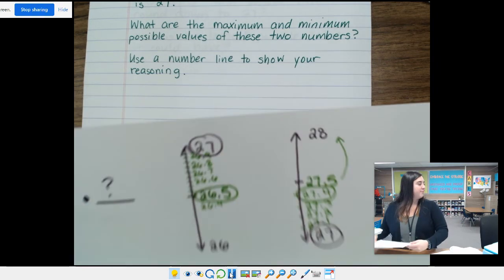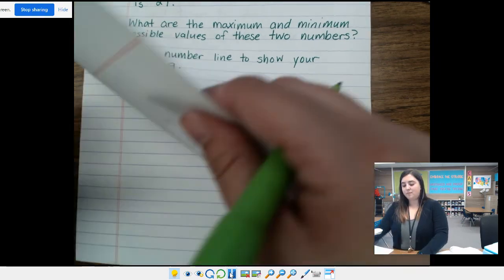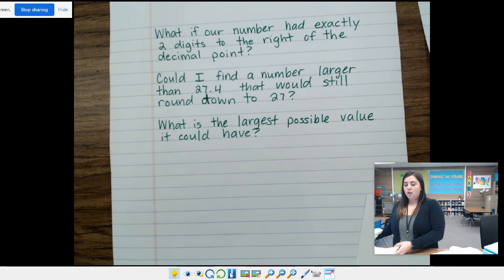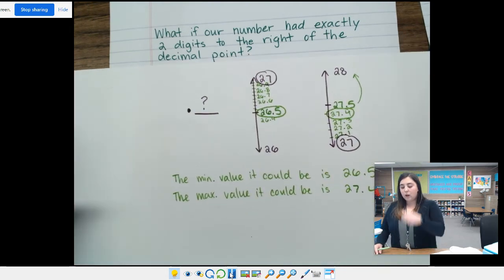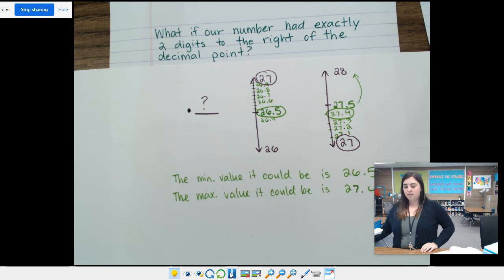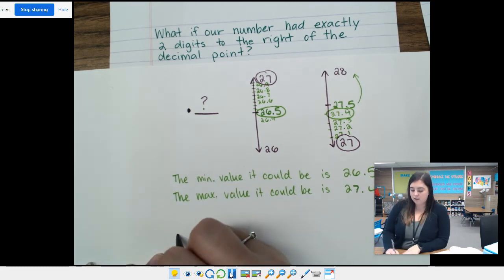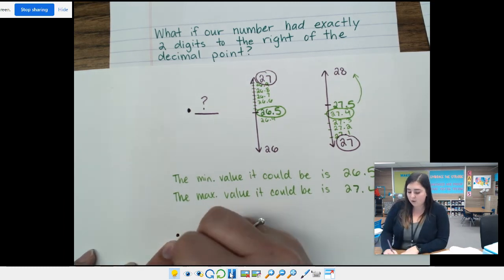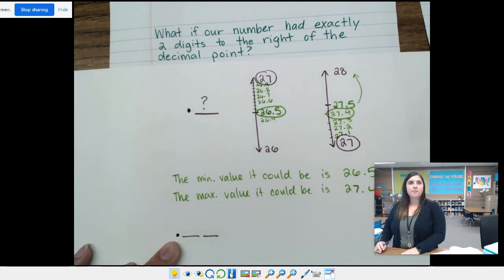Bonus problem for you. What if our number had exactly 2 digits to the right of the decimal point? So now they're saying, here's my decimal. Now I have 2 numbers here.